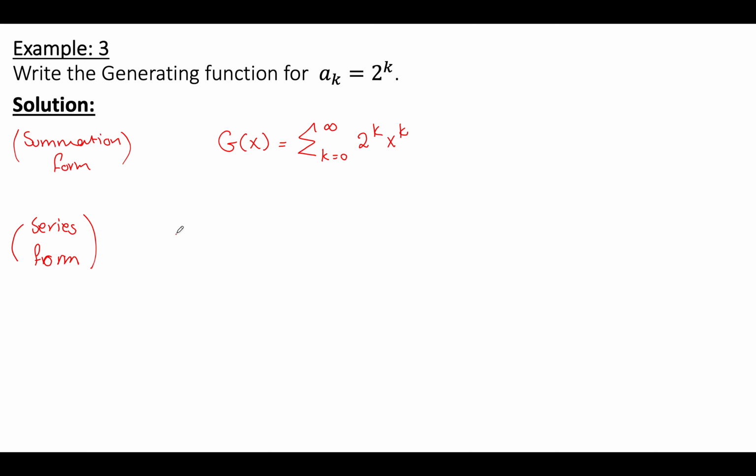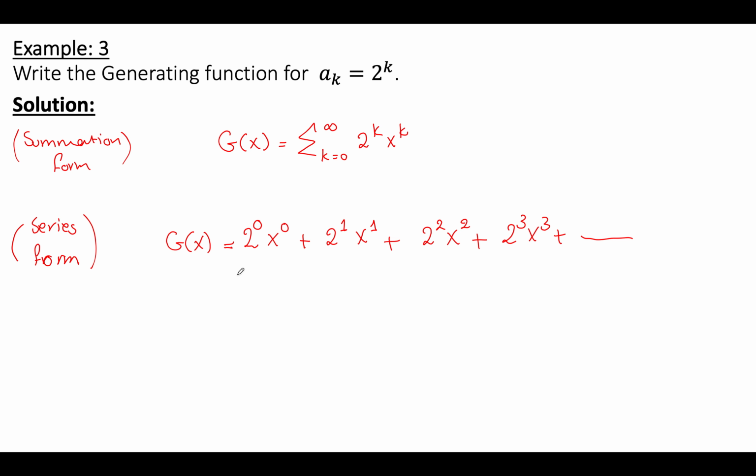So from here, we can see that g(x) is equal to 2^0 x^0 plus 2^1 x^1 plus 2^2 x^2 plus 2^3 x^3, and we'll keep going infinitely.